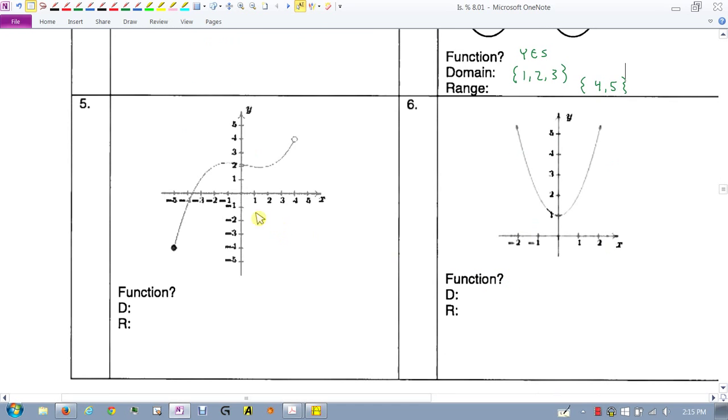Number 5. So here's our graph. Goes like this. Is this a function? No? Why not? Doesn't have repeating x. How can you tell?